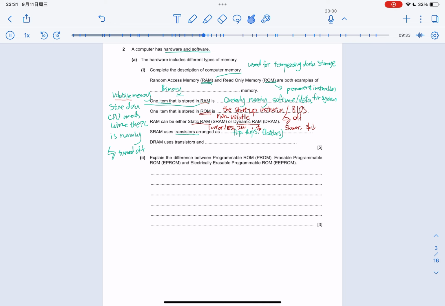Okay, use another pen. So with these flip-flops, we can hold a bit of data without refresh.